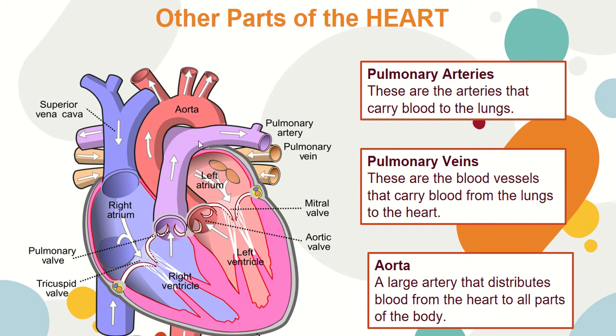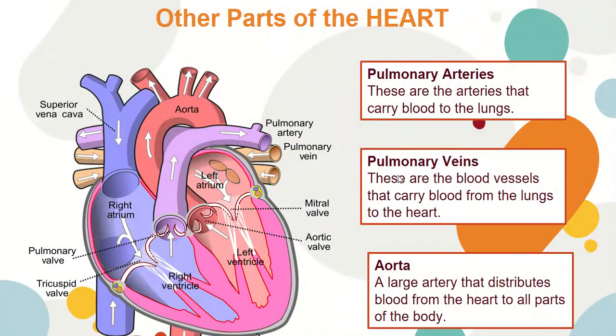We have pulmonary artery going. We have left pulmonary artery, and also we have the right pulmonary artery. So, saan daw ito papunta? Kay lungs. Magdadala ng blood papunta kay lungs.